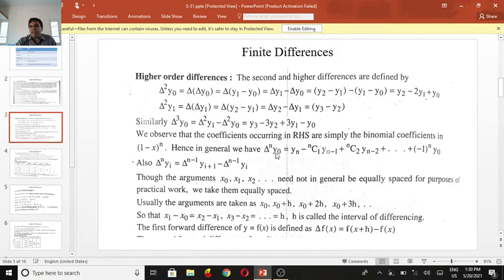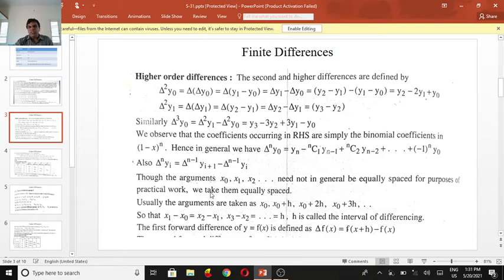Hence, delta to the power n y0 is yn minus nC1 yn minus 1 plus nC2 yn minus 2 plus and so on, up to plus or minus 1 to the power n y0, with alternating signs. Also, delta to the power n yi is delta to the power n minus 1 yi plus 1 minus delta to the power n minus 1 yi.